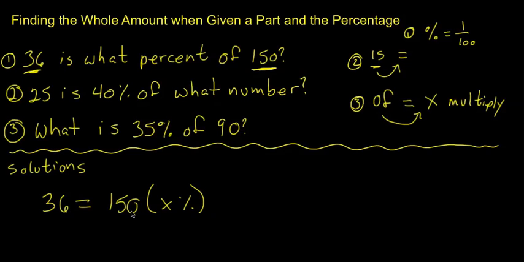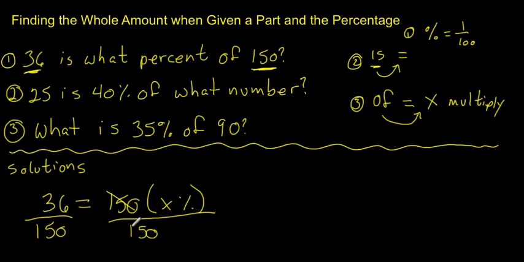All right, and now it should be fairly obvious to you that we need to get rid of this 150 so that the x is on its own, and in order to do that, we put the 36 over 150, and we put this over 150.